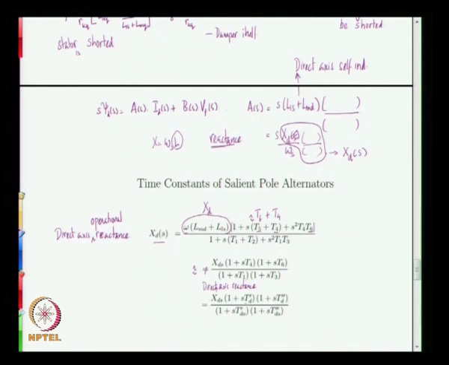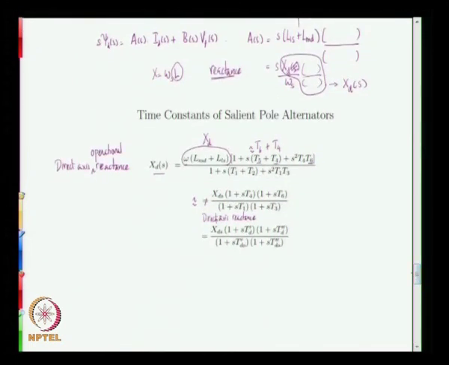and then you have T4 which we write as T dash D, T6 which we write as T double dash D, T1 is written as T dash DO, and T3 is written as T double dash DO.